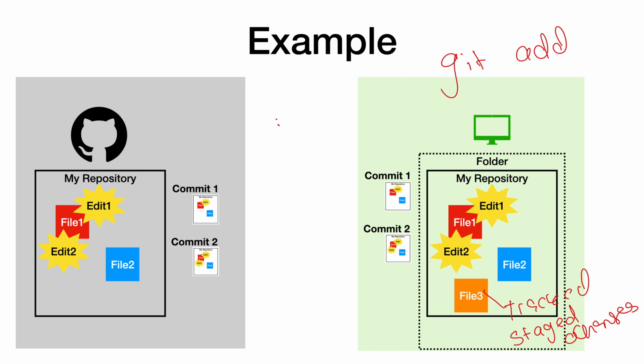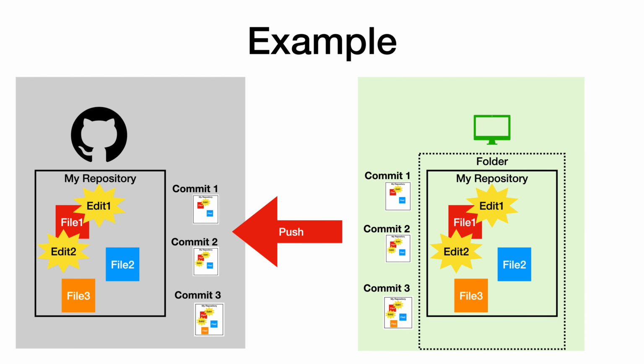So a staged change or a staged file. It hasn't been committed yet. It's not in our commit, but it's in our working repository. Then when we make the next commit and push it, file 3 is up on GitHub.